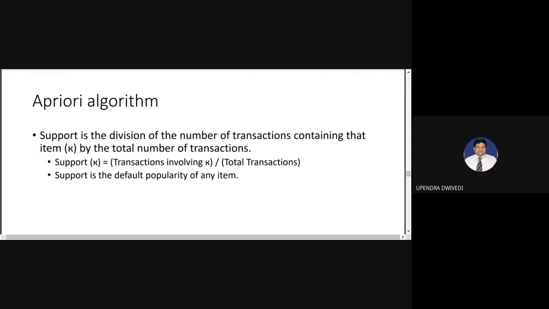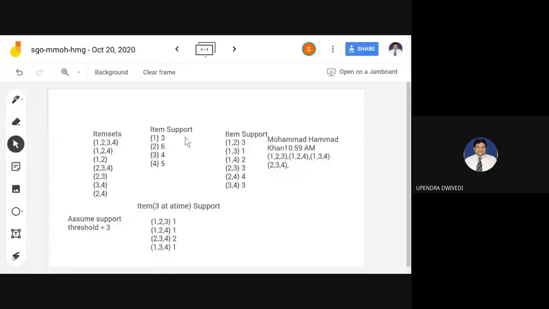So let us go toward Jamboard. What is support here? It says support is the number of transactions divided by the total number of transactions. If I want to calculate the support of item 1, how can we do that?